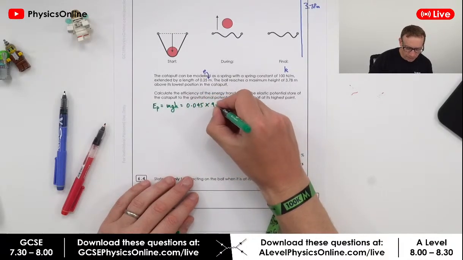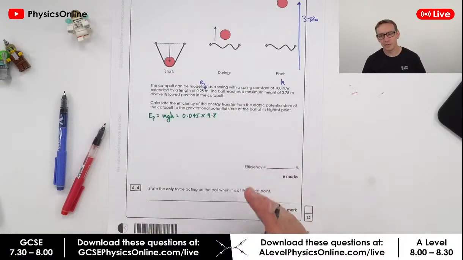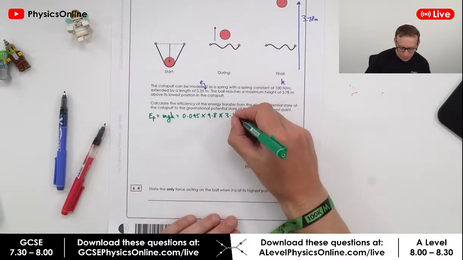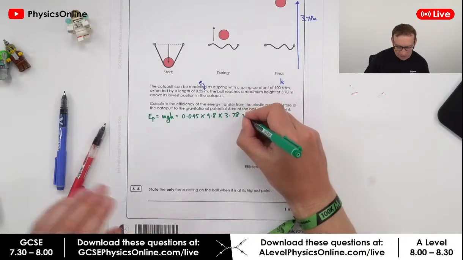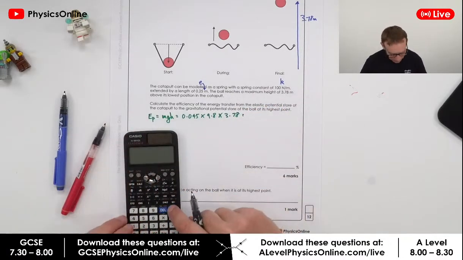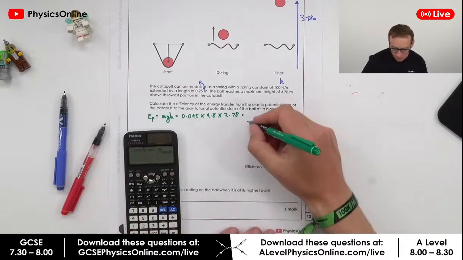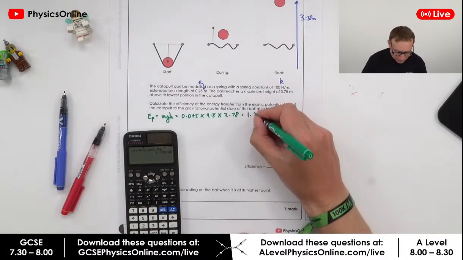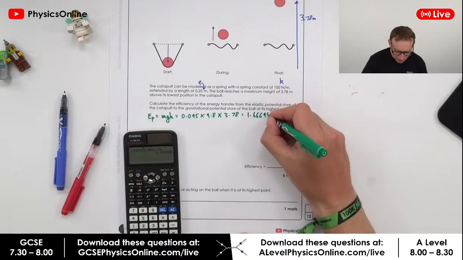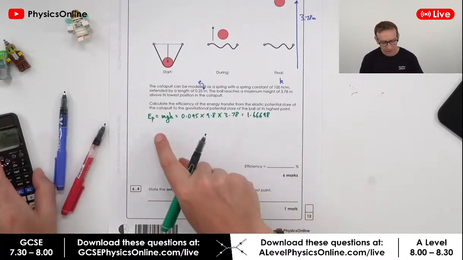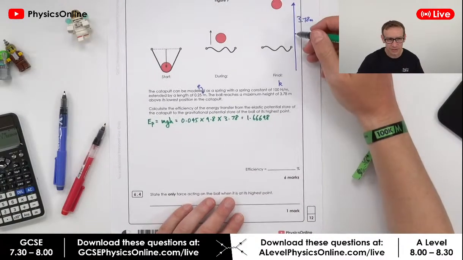We're going to multiply that by the gravitational field strength of 9.8, and multiply that by the change in height, which was 3.78 metres. When we do that, we get an answer of 1.66698. I'm going to leave that full display so I don't round down too early. So that's going to be the change in gravitational potential energy.